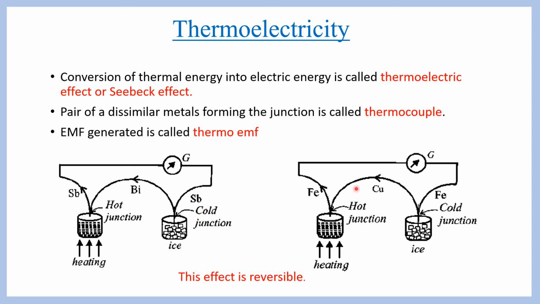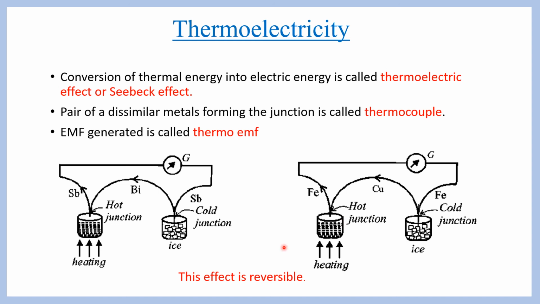And you can see another example of a thermocouple, that is iron and copper. Metal wires are joined together to form two junctions, and one junction is heated and the other junction is cooled. You can see the current is flowing from iron to copper at the cold junction, or copper to iron at the hot junction.